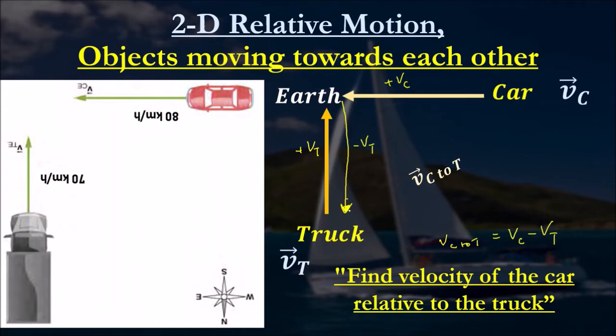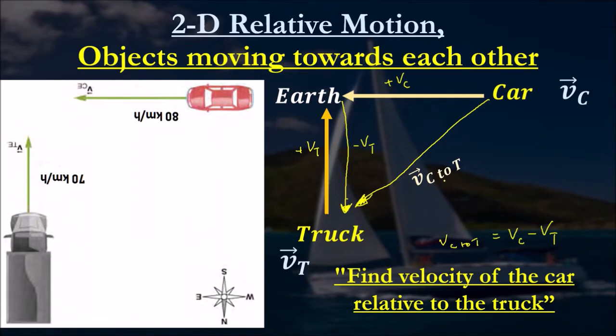Okay, so you can see how these two arrows now line up with each other, right? So the back end of this arrow to the front, to the back end of another arrow to the front. So my resultant vector comes down like this. So this vector I drew here, that's the relative velocity of the car to our truck.